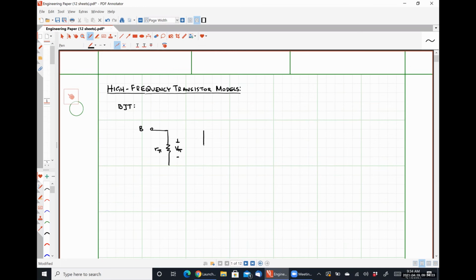And we're going to have an additional component now, which I'm going to call C pi. We'll talk about where that comes from. We're going to have a capacitor C mu between our collector and our base. Here we have good old gm V pi as per usual.